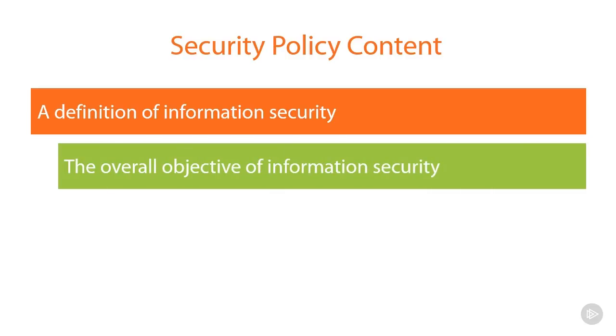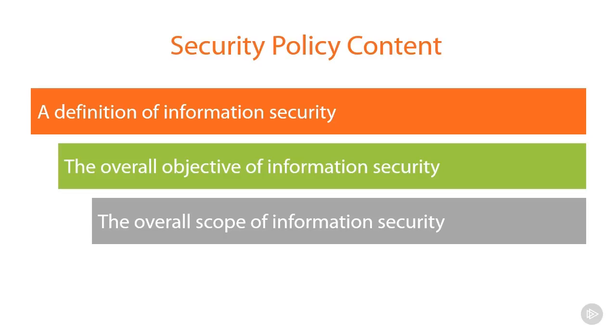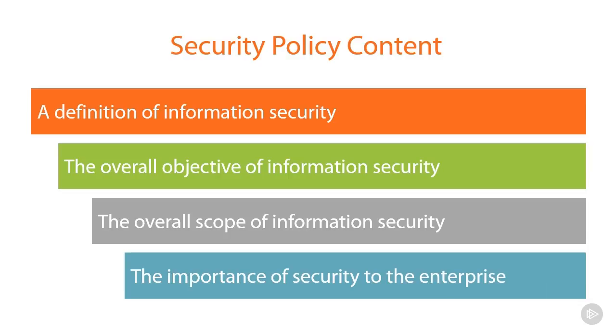The overall objectives of information security should be clearly written so that everybody understands what the organization is trying to achieve. Also, the overall scope of information security should be outlined so that everybody understands where the jurisdiction of information security begins and it ends. And then finally, the importance of security to the enterprise.